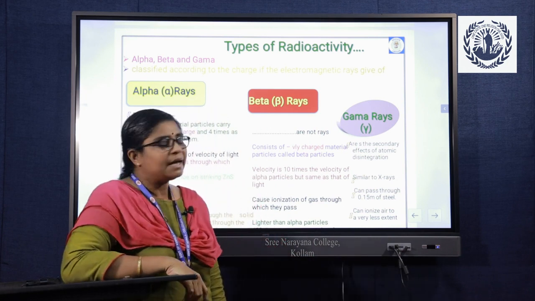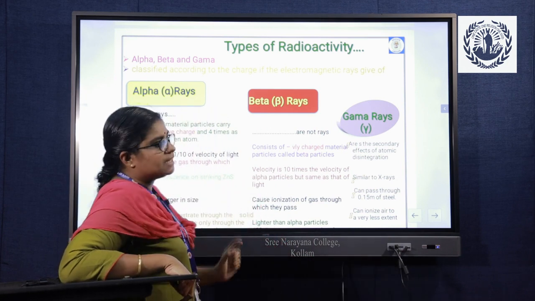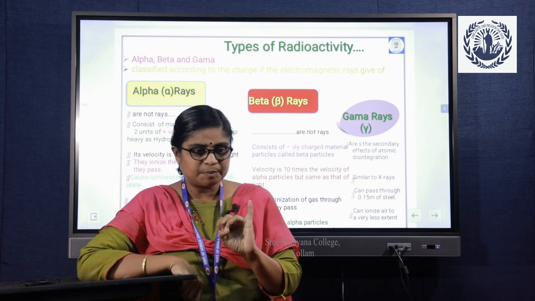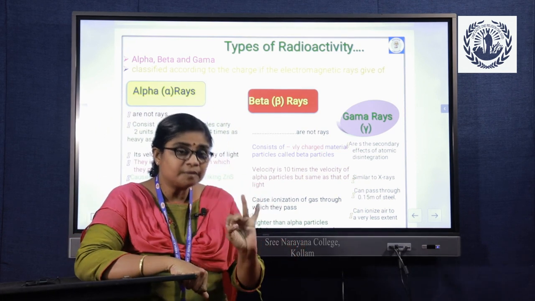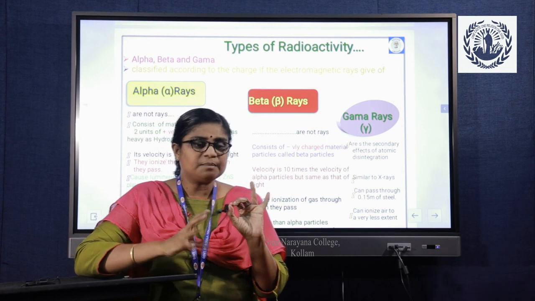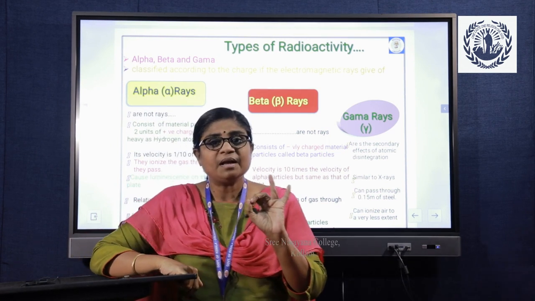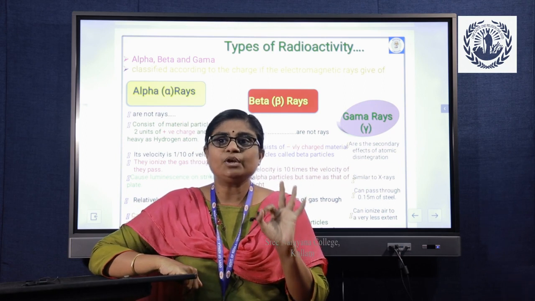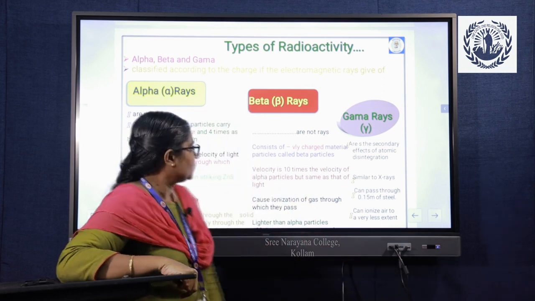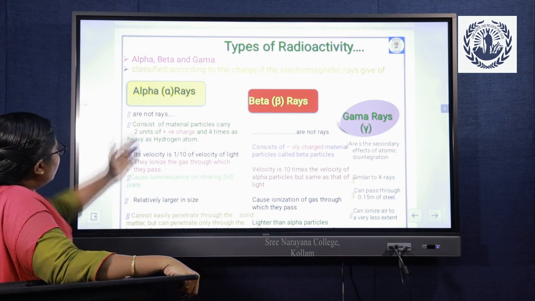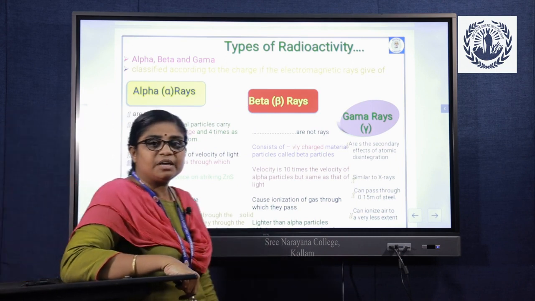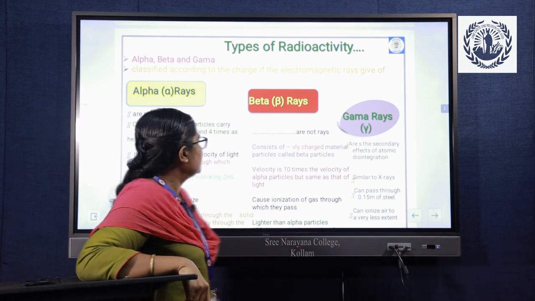So the main characteristics of alpha rays are lesser speed, higher ionizing power, and very low penetrating power. So these are the main points. We can look into the main points once again.